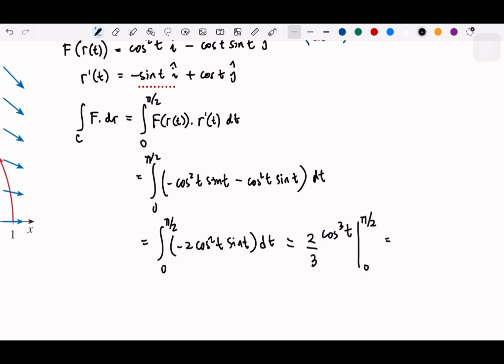It's negative 2 over 3, right? So 0 minus 2 over 3, right?